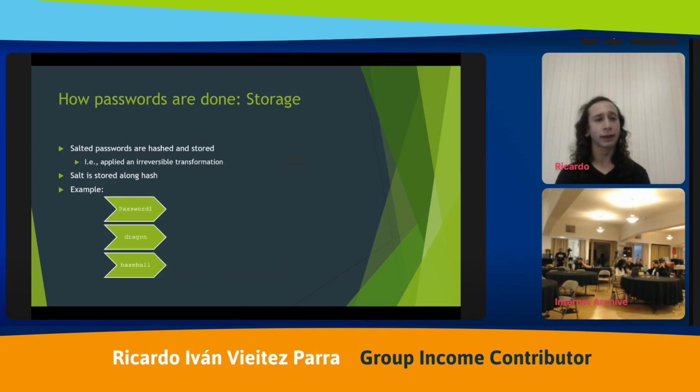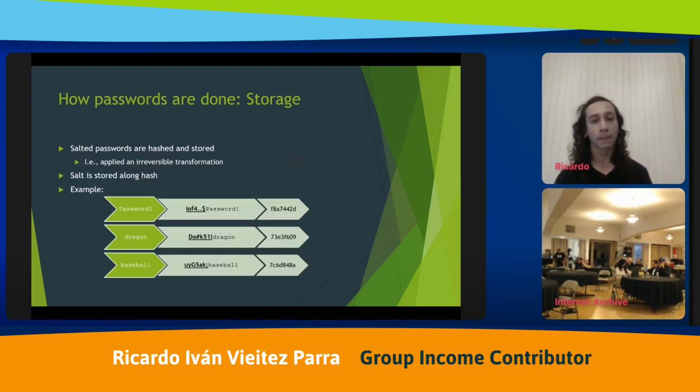I have another example in the next one. So this is one example. We have, let's say, this password, password one. Then we add this salt to it, and then we compute this hash.